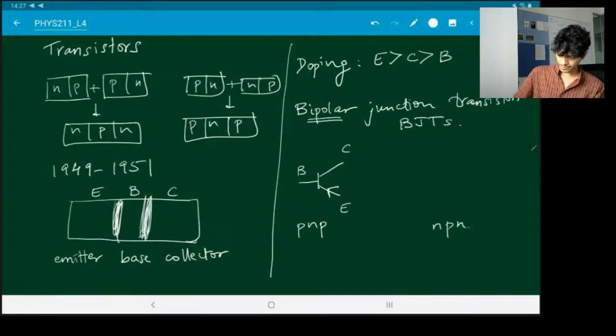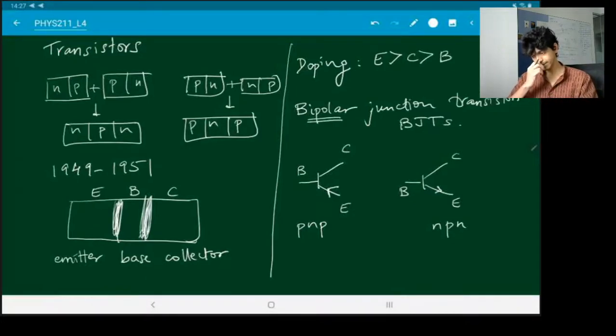If you have an NPN transistor, then the symbol looks something like this: collector, base, emitter with the arrow pointing out. So you always put the arrow on the base emitter leg of the symbol, and the arrow points along the positive conventional current direction, so from P to N always.